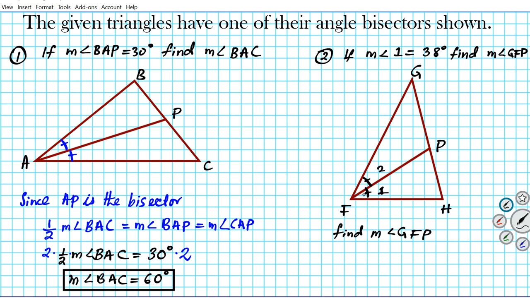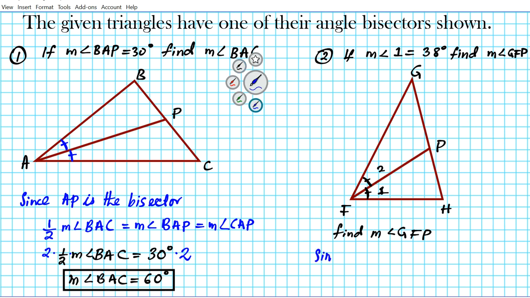What kind of relationship do these two angles have? Angle 1 is the same thing as HFP, right? And angle GFP is the one we're looking for. What's the relationship between these two? Let's go ahead and write it down.